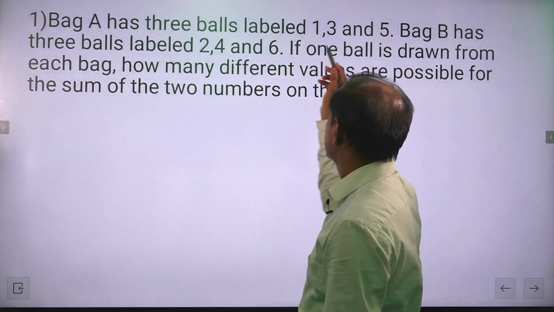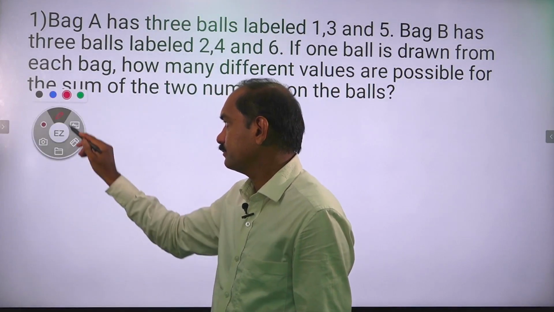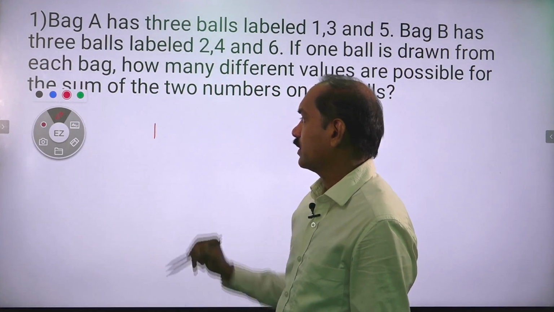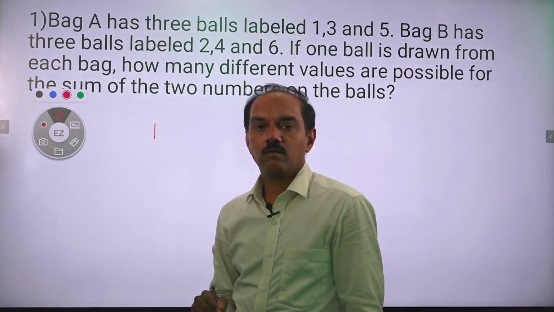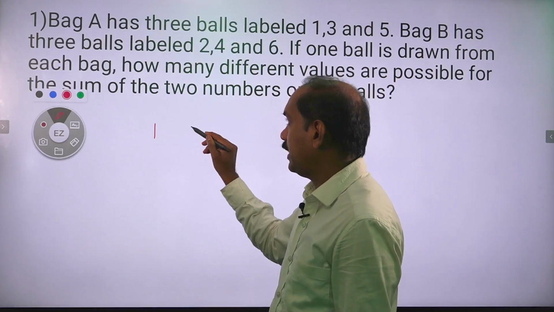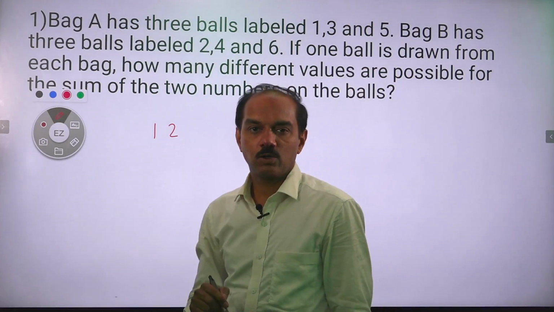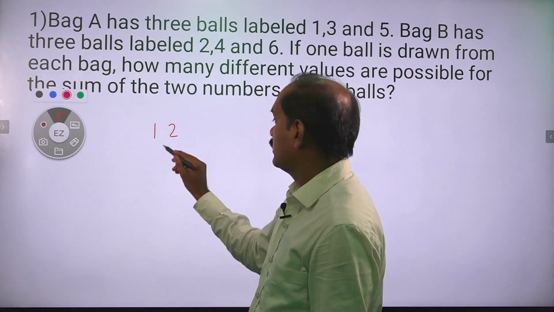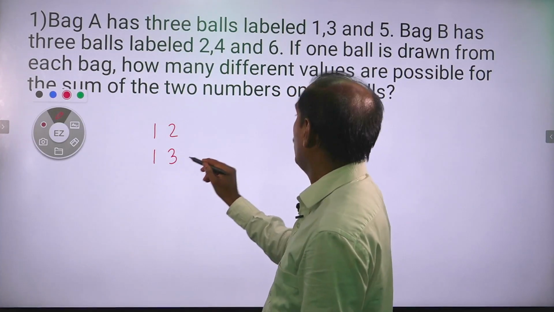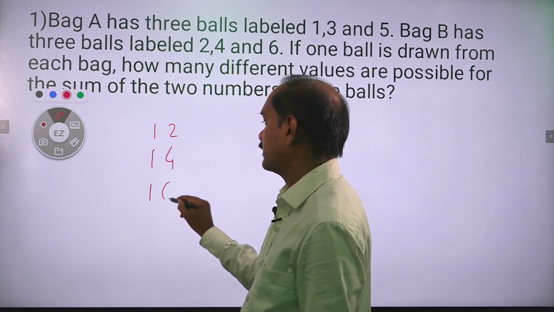So bag A has 1, 3, 5. If you get a ball which is labeled 1 from bag A, and from bag B we took out a ball which is labeled 2, that is 1, 2. So these are the different combinations, in fact 1, 2, 1, 4, 1, 6, right?